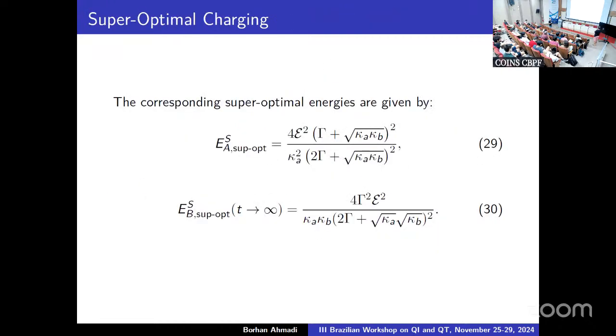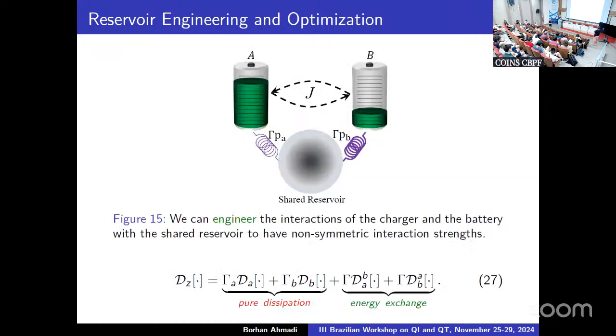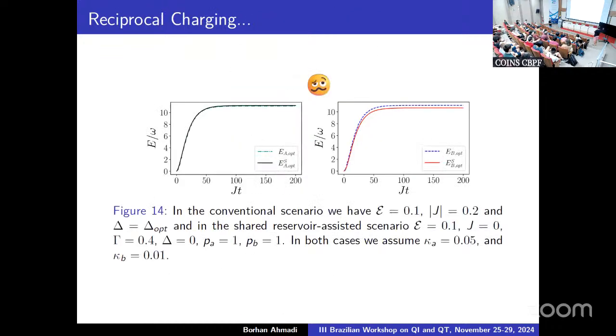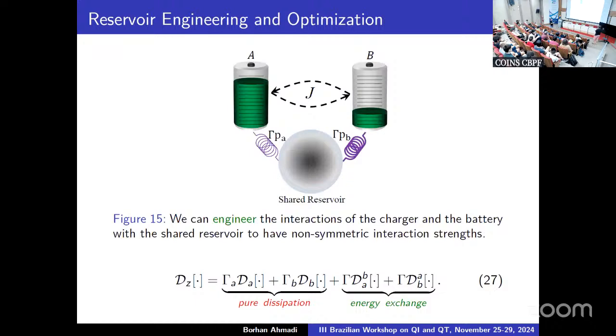For now, my intuition is that when I have coherent interaction, it's easier for the quanta of energy from the battery to go back to the charger. That's what we call coherent. So with the same rate that it comes to the battery, it goes back to the charger.